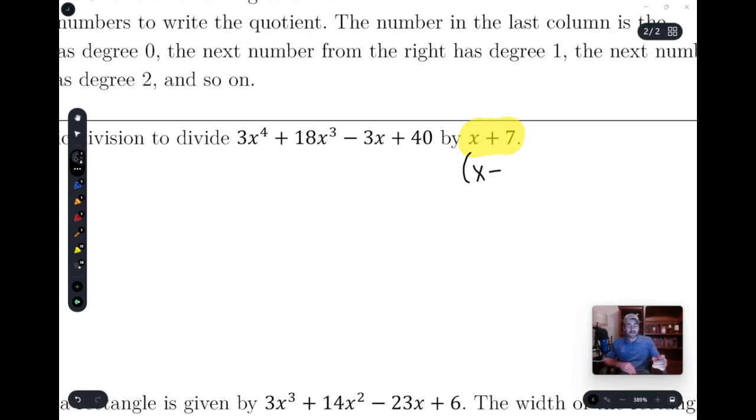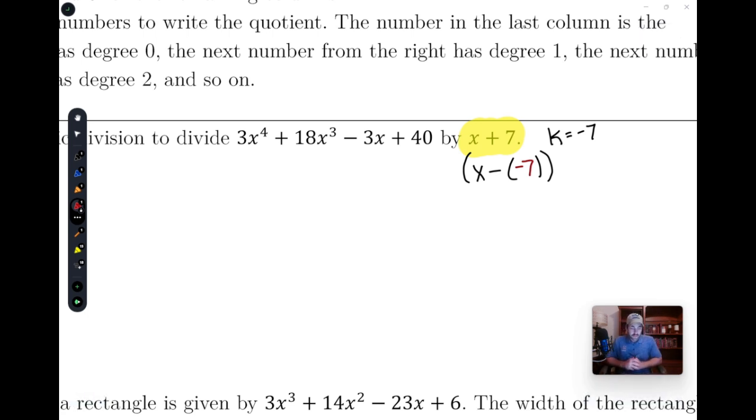But because there's no minus sign, I'm going to throw a -7 right there. Say, oh, well, then k was going to be -7. So that -7 takes care of the minus sign for us and turns it into a plus sign. So our k value was -7. Sometimes they can flip-flop like that. It's important to remember that you want to use the opposite sign of the factor that you're dividing.